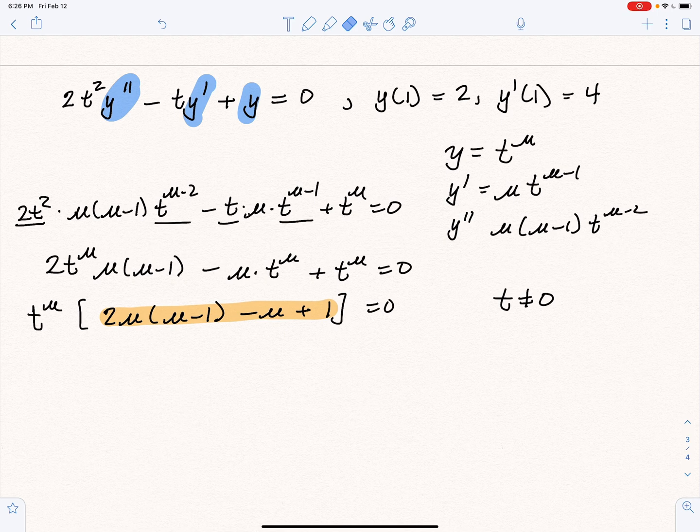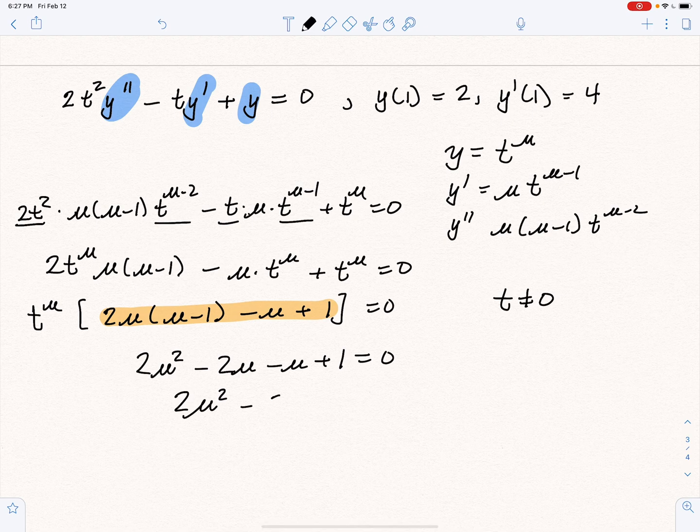So solving the inside piece equal to 0, we have 2 mu squared minus 2 mu minus mu plus 1 equals 0, which means 2 mu squared minus 3 mu plus 1 equals 0. And that actually factors.